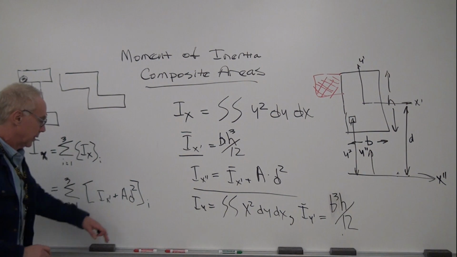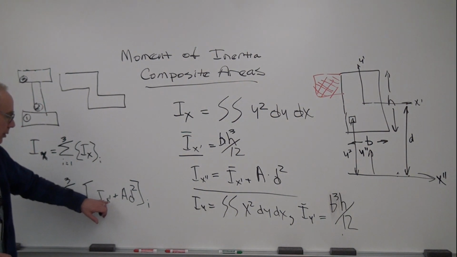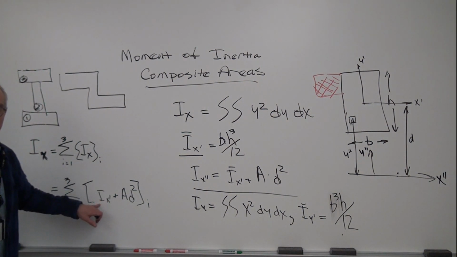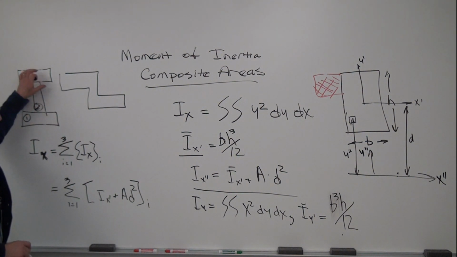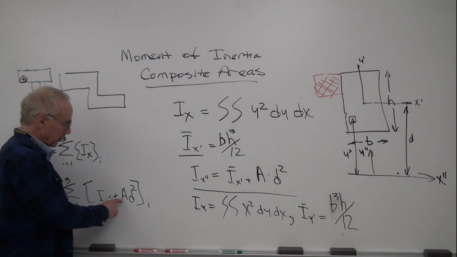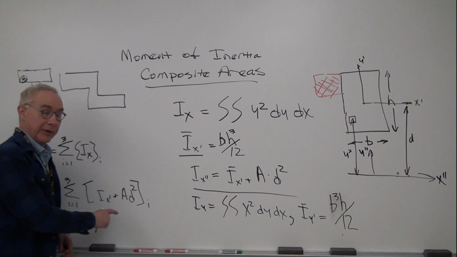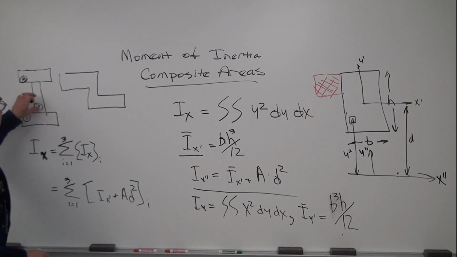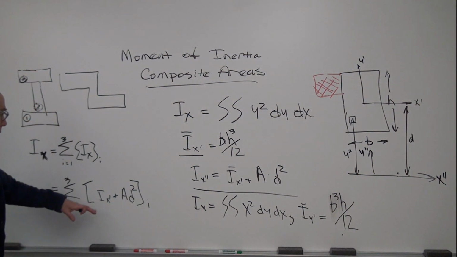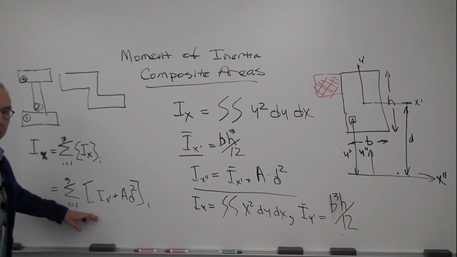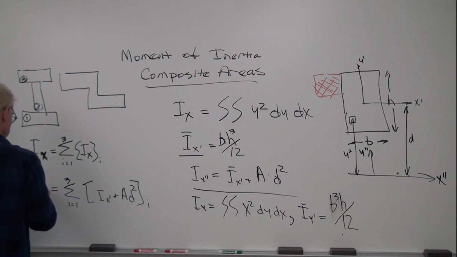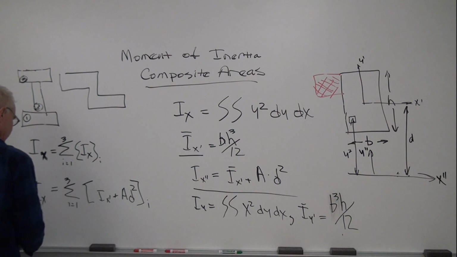So I'll put an i here. This i would apply both to the moment of inertia value. In other words, different rectangles are going to have different moments of inertia. And it would also apply to the d value and the A value. They're all going to be unique to each of these components. And I'll walk through an example of how we evaluate this, because this can be a little confusing to get right.